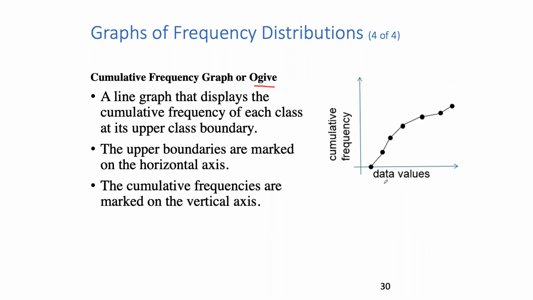One important thing to know about how we graph the ogive, the cumulative frequency distribution, is that we use the upper class boundary as the relevant data value on the x-axis. Because if you remember, the cumulative frequency is telling me how much of the data I have seen at the end of each class. So that's why we are going to use the upper class boundaries to label it. And this tells us what the distribution of the data looks like, right?